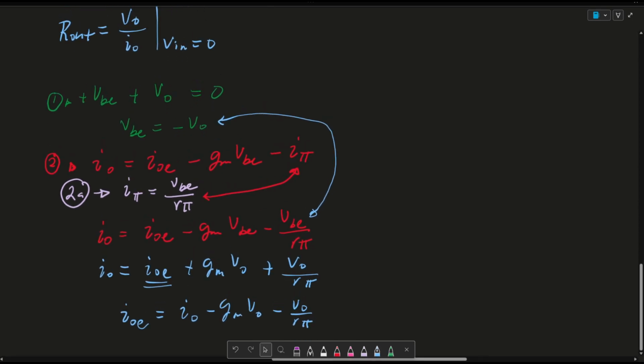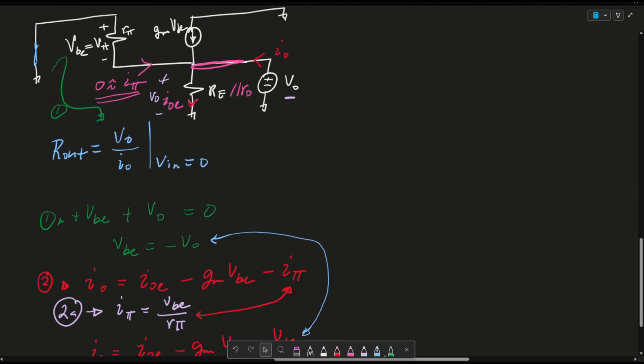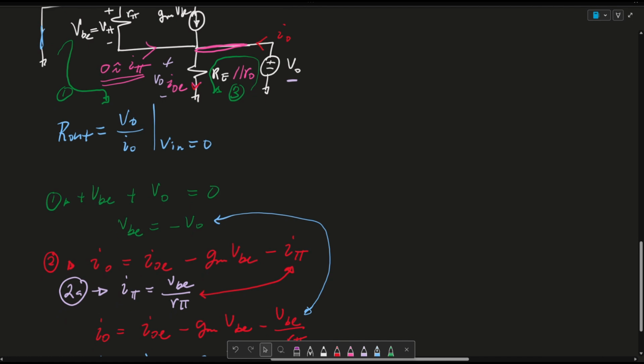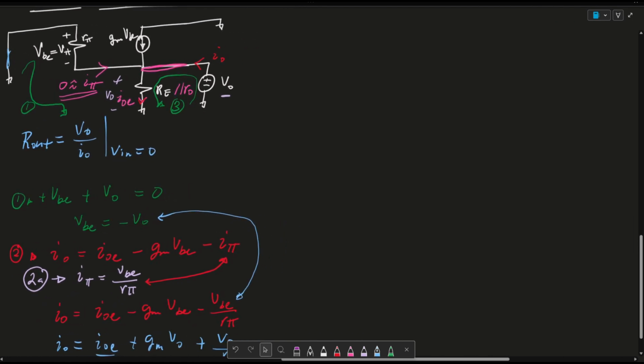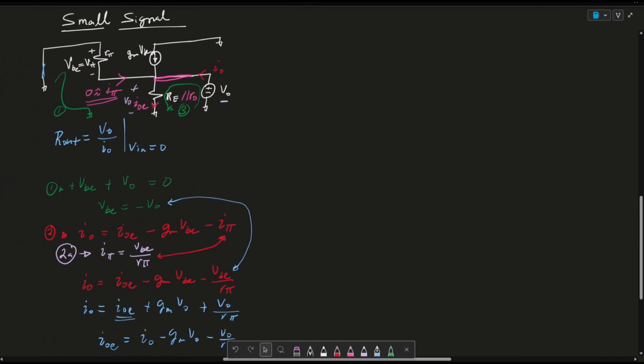And so the last equation we want to look at is this loop right here. That essentially says that minus VO, or let me call this equation 3. So equation 3, let me zoom out a little bit so you can see the other equation down below.